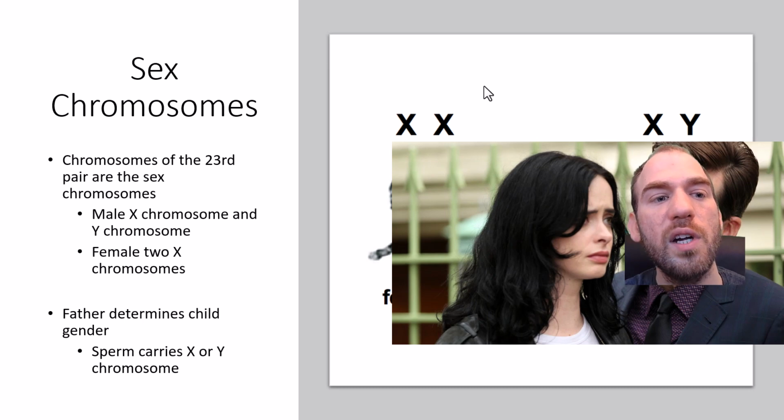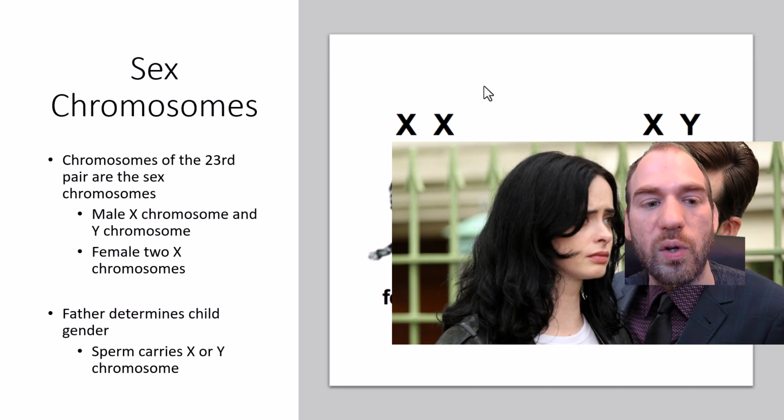Sex chromosomes. Chromosomes of the 23rd pair are the sex chromosomes: males have an X chromosome and a Y chromosome, while females have two X chromosomes.